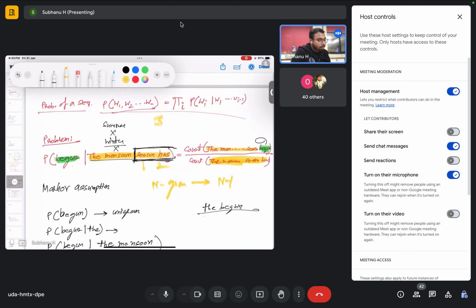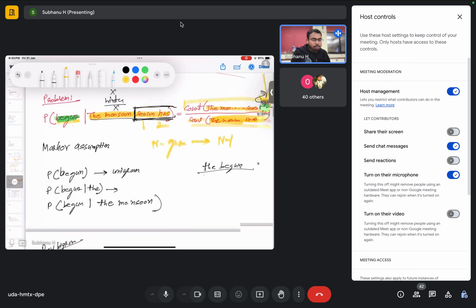How can we find the probability? By counting, like "monsoon season has" and "monsoon season has begun." We add the next word that we have to predict and append it, and then find it in the corpus.